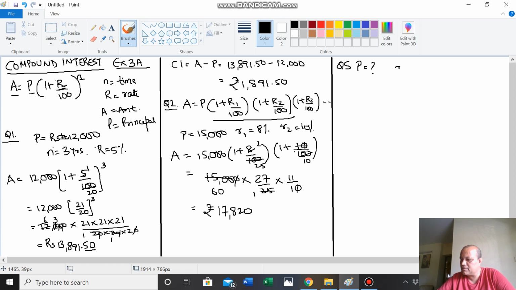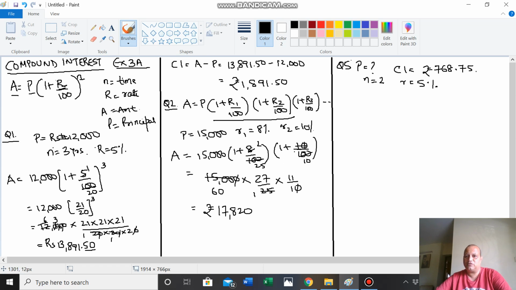Compound interest is given equal to rupees 768.75. N is given equal to 2 and R is given equal to 5%.